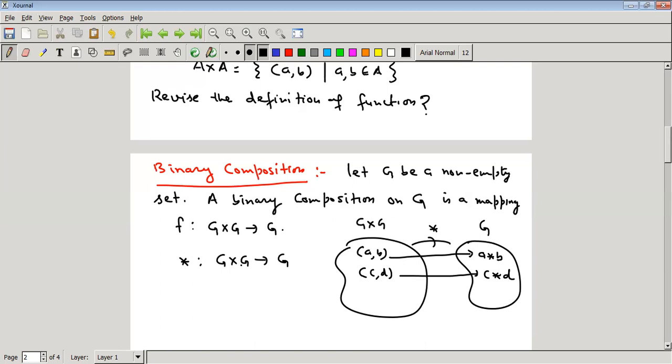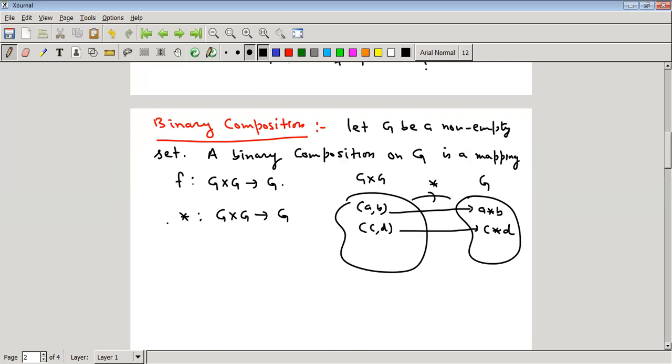So for each ordered pair given any a, b in G cross G, there exists a unique, so I can write this symbol for uniqueness, there exists a unique a star b, this belongs to G. Even a star b, no need to write bracket, a star b belongs to G.